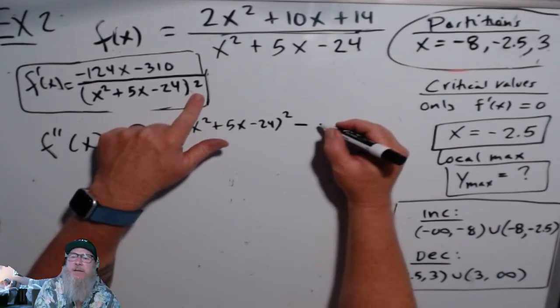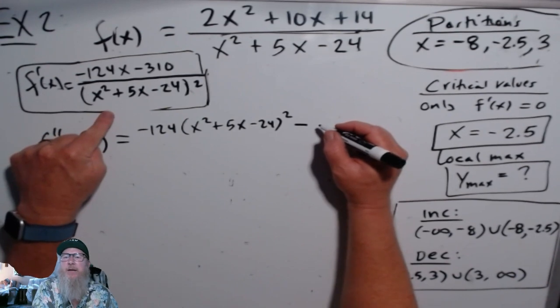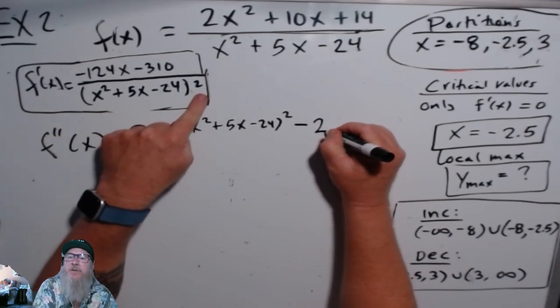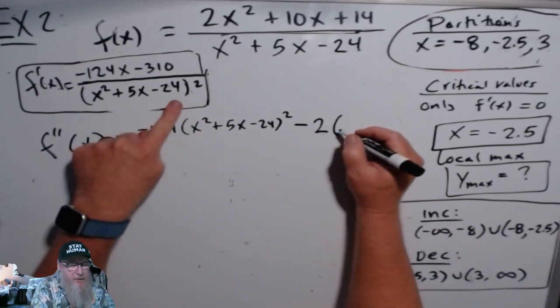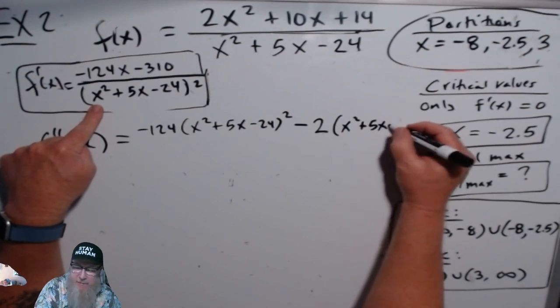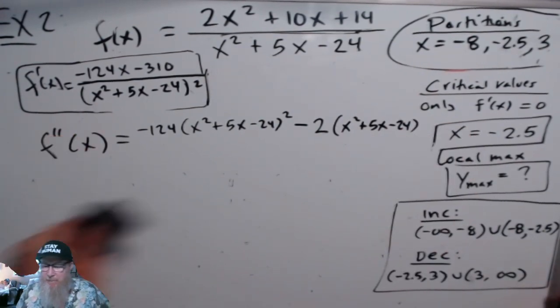Minus the derivative of the denominator. That one's tricky. You've got to do the 2 first. The 2 comes down. Then you ignore all of this, x squared plus 5x minus 24.